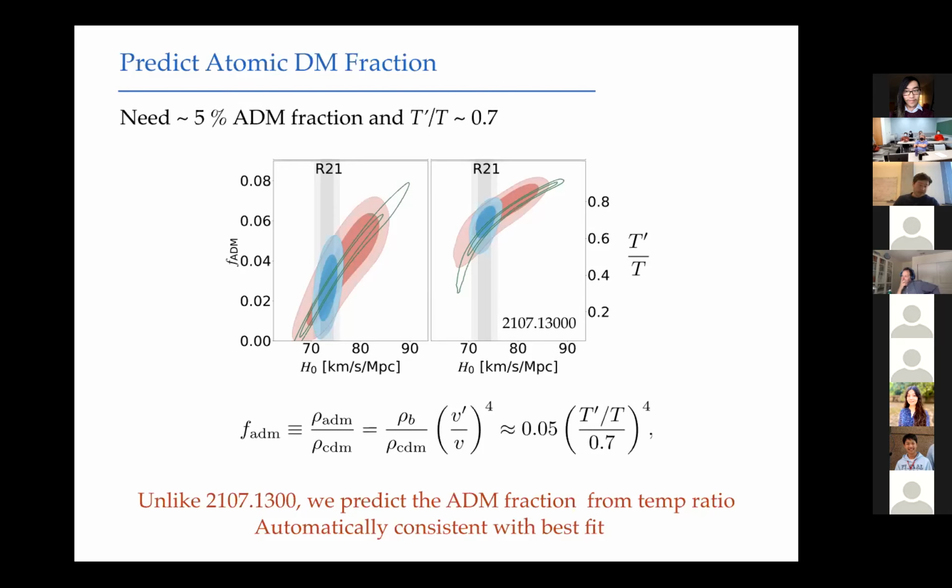And so you can just ask, what is the fraction of atomic dark matter relative to cold dark matter? And that also ends up being governed by this VEV ratio, which once you tell me that the VEV ratio needs to be 0.7, automatically returns about a 5% value. So this is automatically consistent with the kinds of relationships that we need to make sure that all of the ingredients are realized. It didn't have to work out that way. This is just a coincidence, but we're happy that it did.